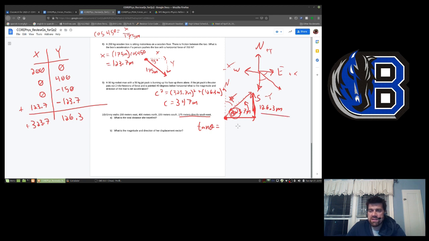126 is my opposite side. 323 is my adjacent side. I'll take inverse tangent of both sides.